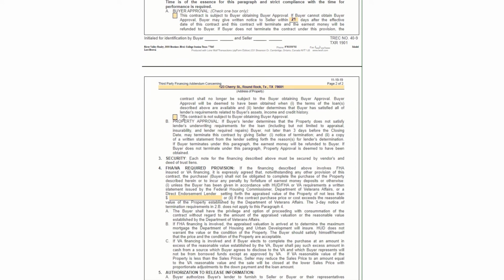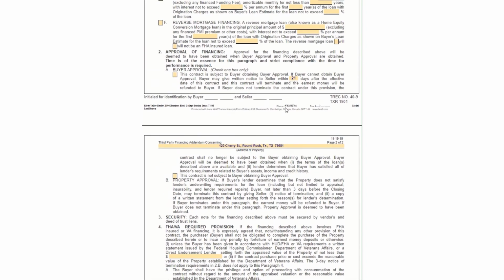And then here, this contract is not subject to buyer obtaining buyer approval. Now, why would you want to check this? Well, I would use this if the buyer were attempting to get a loan but wants to tell the seller, if I don't get the loan, it's okay, I'm going to proceed with this, I've got the cash to cover it.